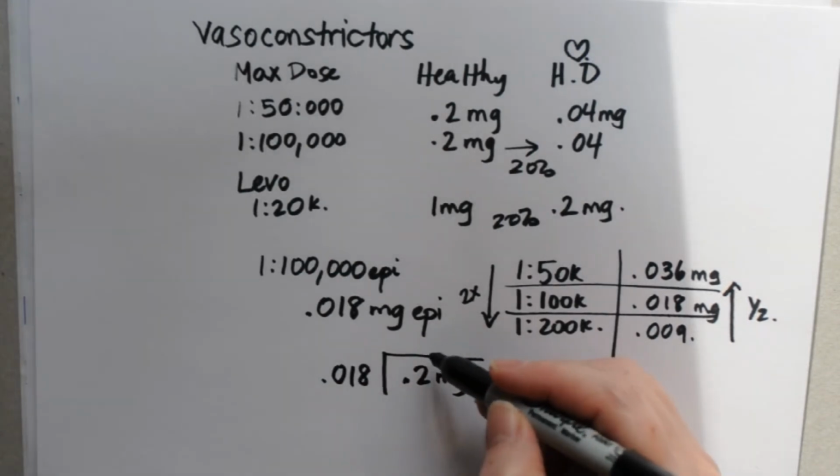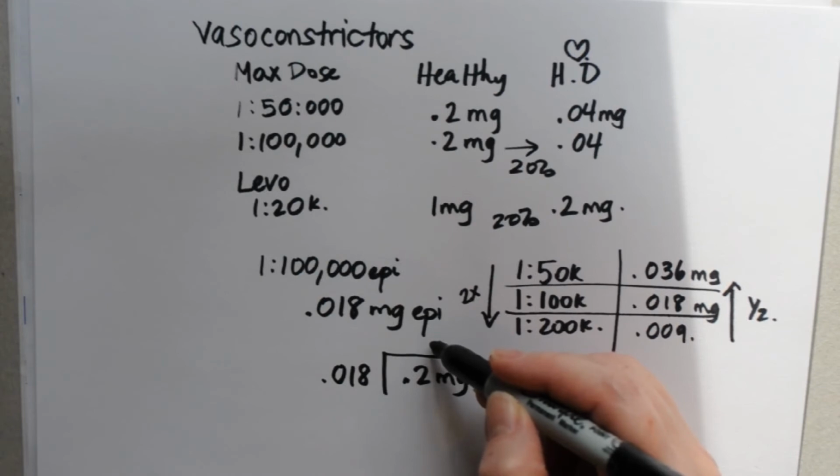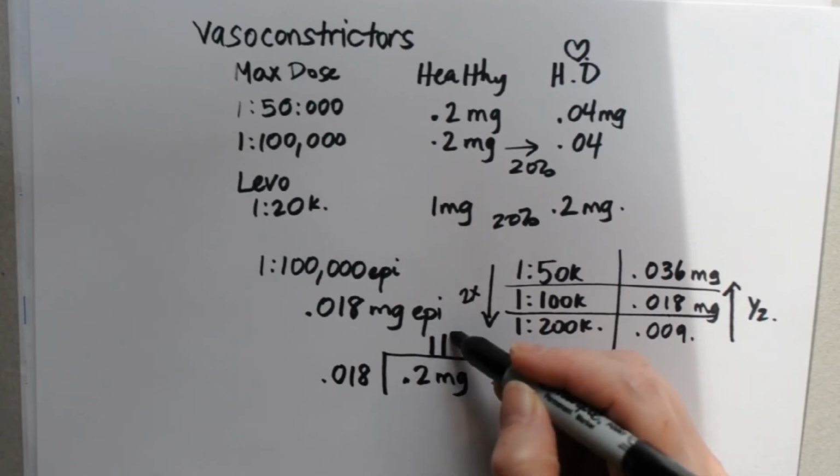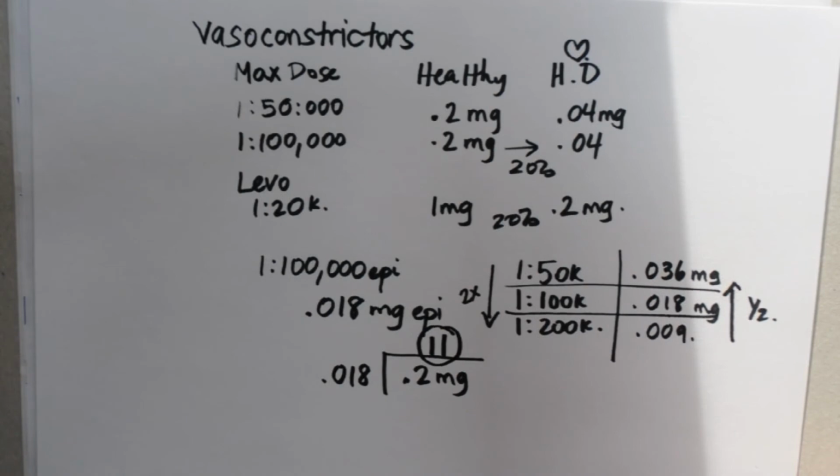And when we divide that out, we're going to get something like 11.1111. But for making it simple, we're just going to say 11 carps. So a healthy person, the upper limit is 11 carps. And if you're watching this and you went to school a number of years ago, note that it used to be 8, and that has now increased to 11.